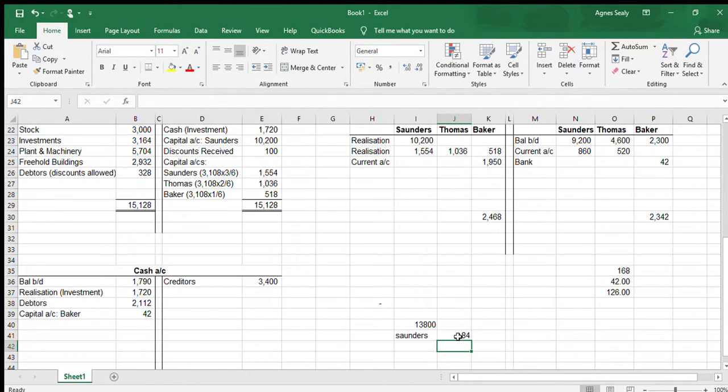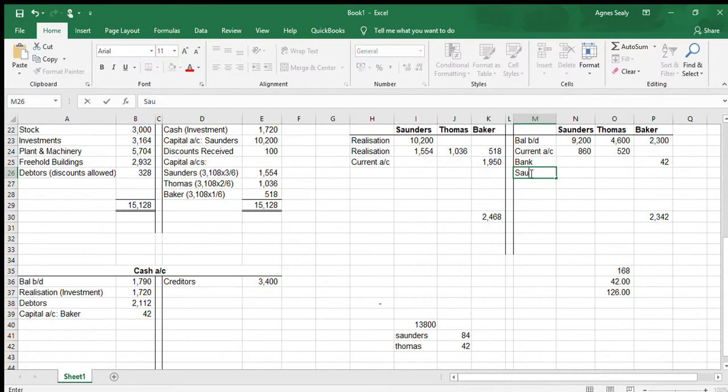Saunders will have to pay $84 and Thomas will have to pay $42. So now we have determined the amount that they have to pay.